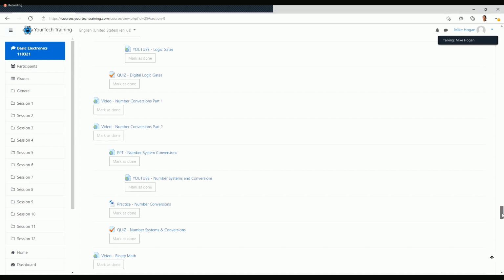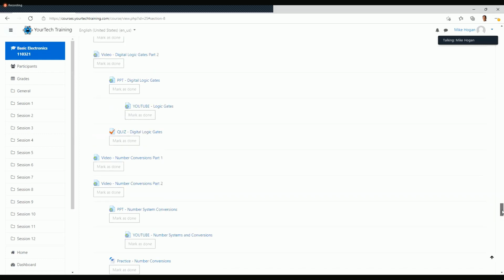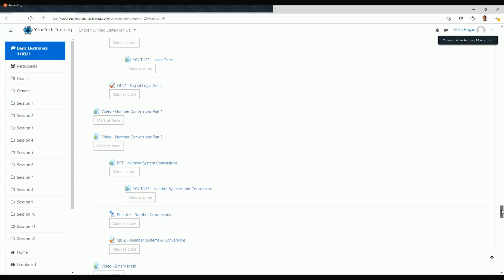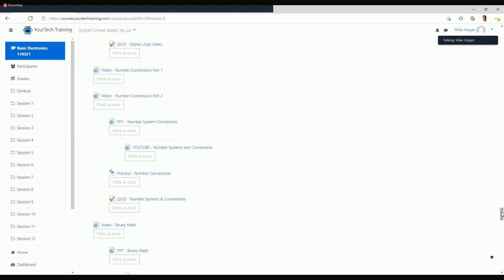I know that with the constant talk about numbers and back and forth between decimal, octal, binary, and hexadecimal. This is all in section 8. Yes, all this is in section 8. Absolutely. Cool. It's session 8. Everything is there. All right.